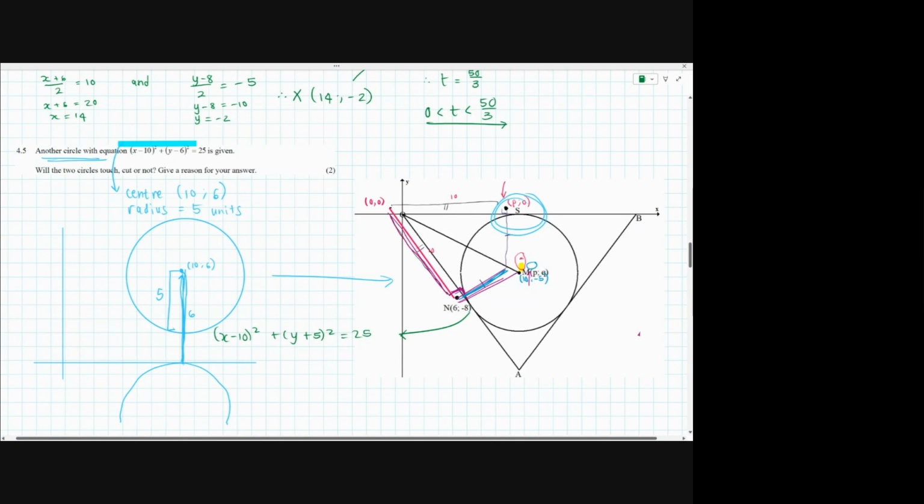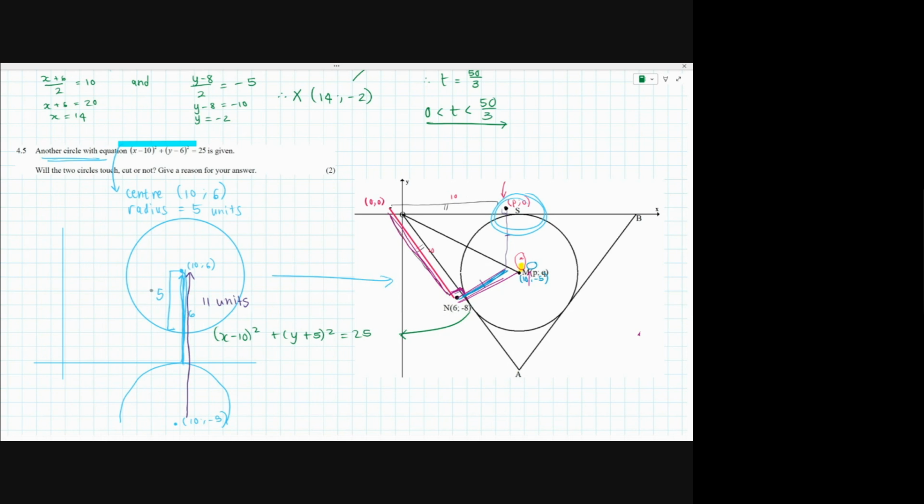It's not possible, because my radius has remained the same, and if we compare the centers, (10, -5) and (10, 6), this other circle has shifted 11 units up, too far to intersect. Because of that shift, they're not going to intersect with each other.